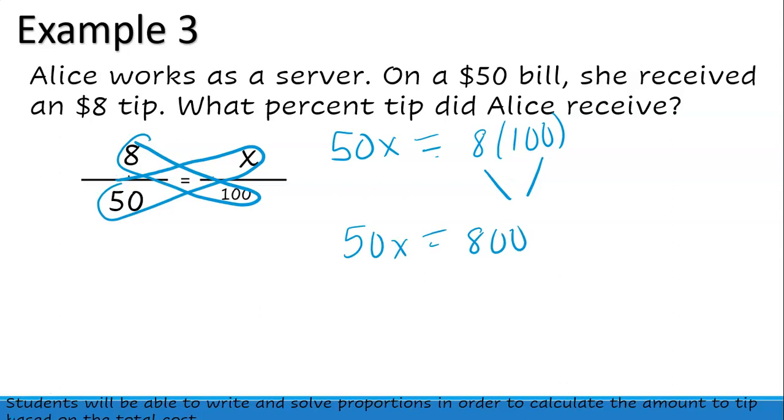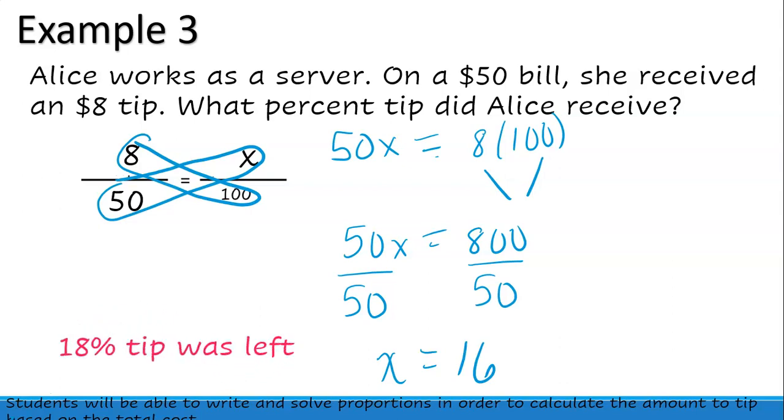And divide by 50. So that means that X was 16. So Alice received a 16% tip there. I know a second ago it said 18. I had to fix that.